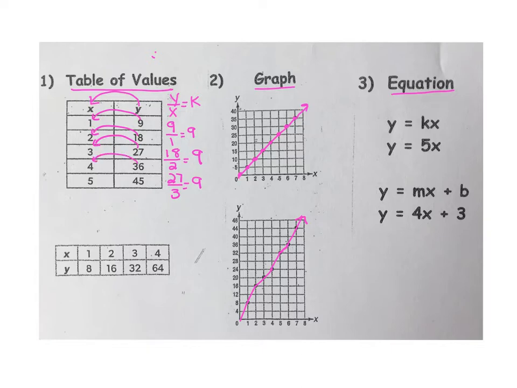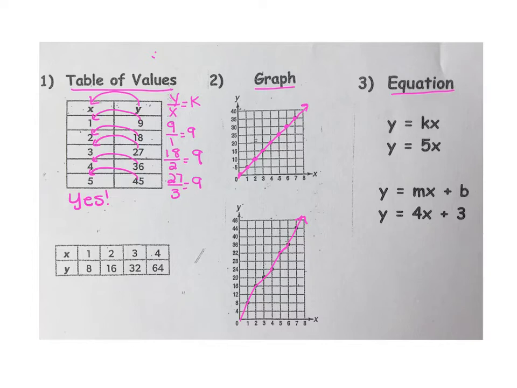And as we continue the ratio test, we see that we get the same K rate each and every time, 9. So this is truly proportional. Yes, it is a proportional relationship.